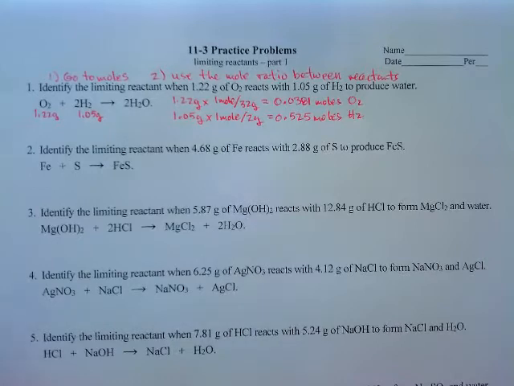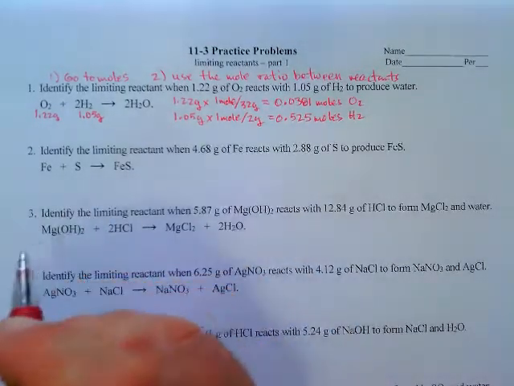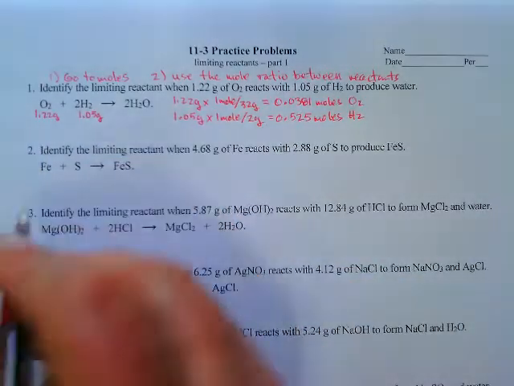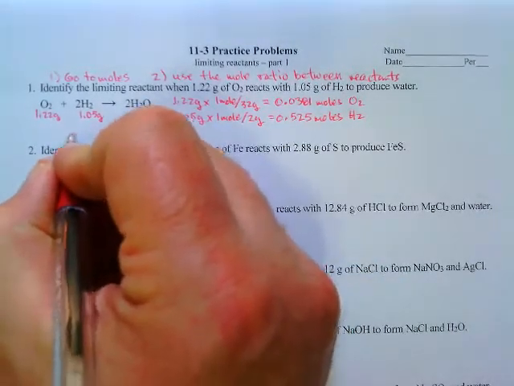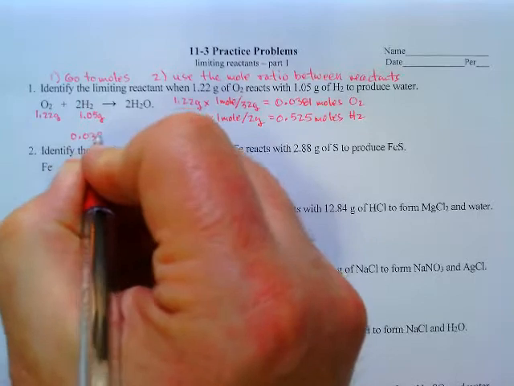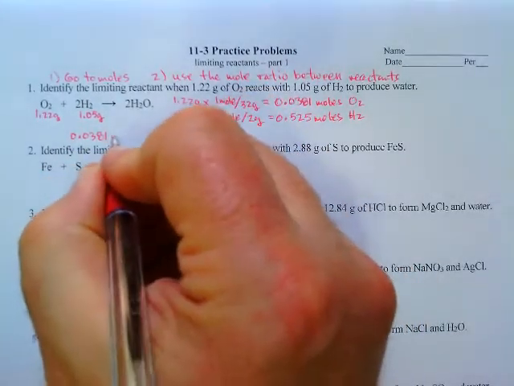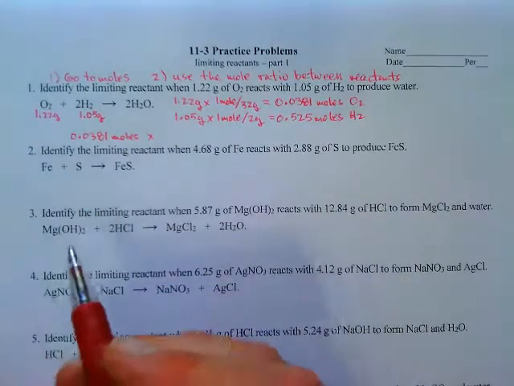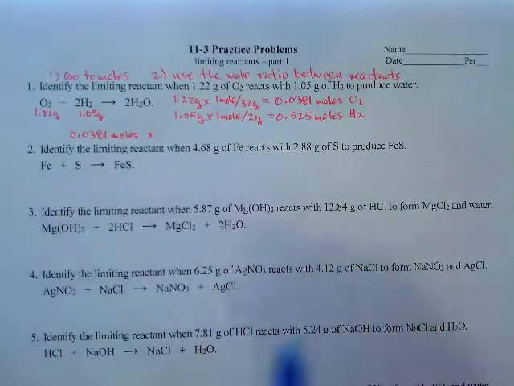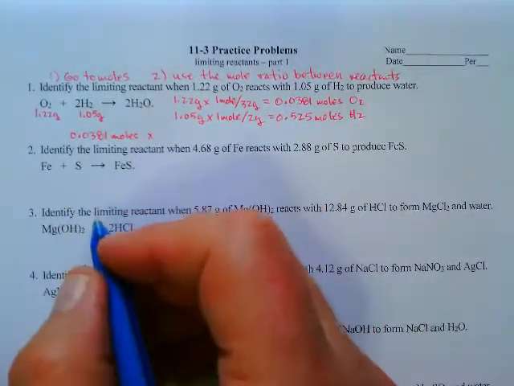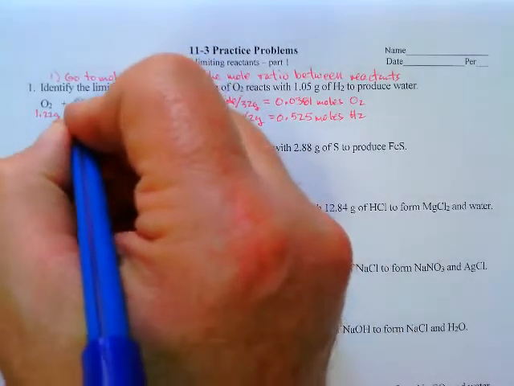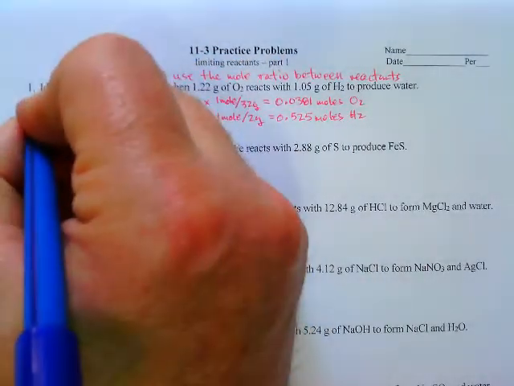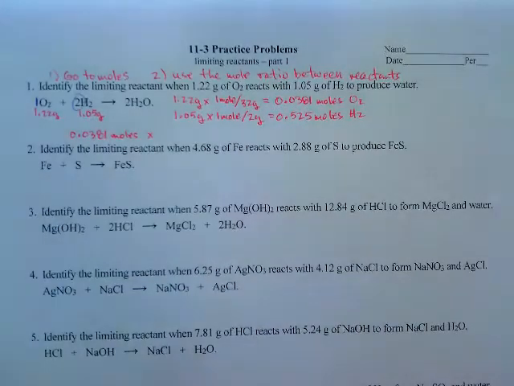Alright, now we're going to do the second step, mole ratio between the reactants. So let's go ahead and take the O2, 0.0381 moles times, okay, the mole ratio here is, we're going to use the other reactant, so we want the 2, and then of course if there isn't any number, we use the 1.